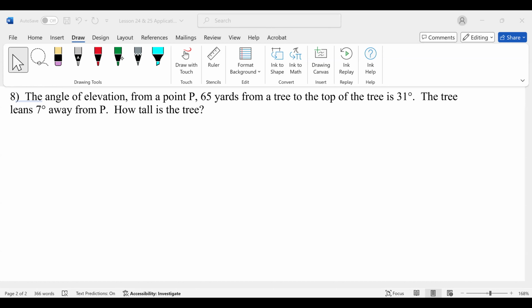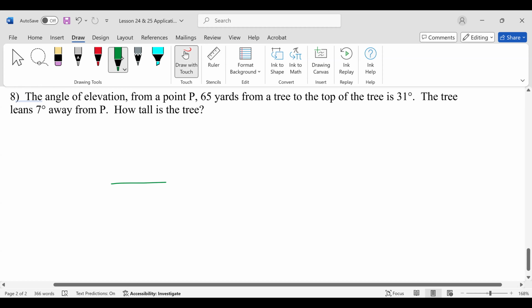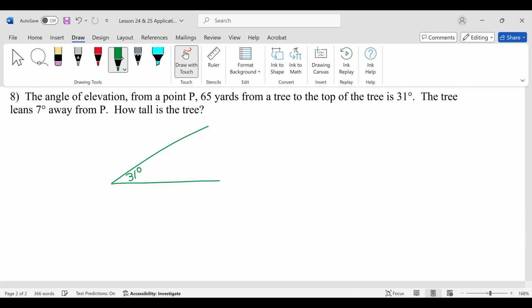Okay, so angle of elevation means you're looking up, and it's 31 degrees from point P. It's 65 yards from a tree. So the top of the tree is at 31 degrees.